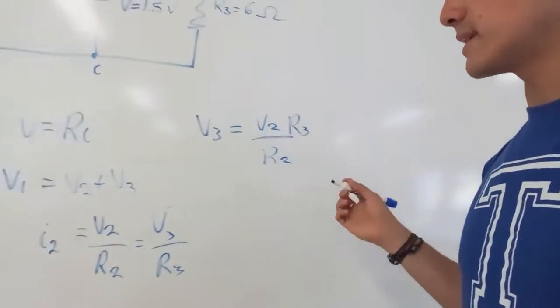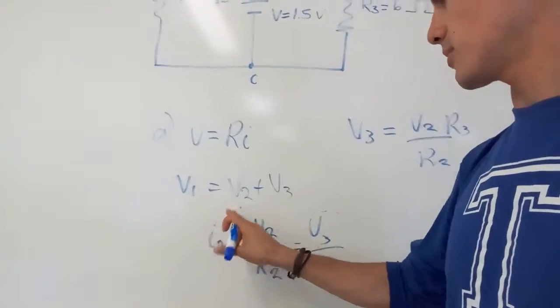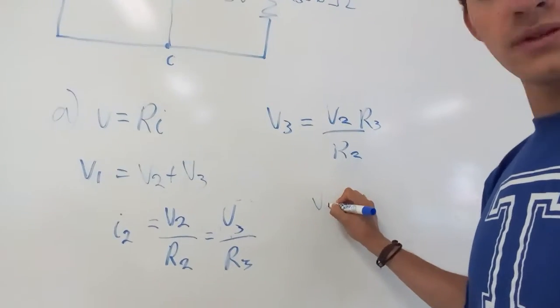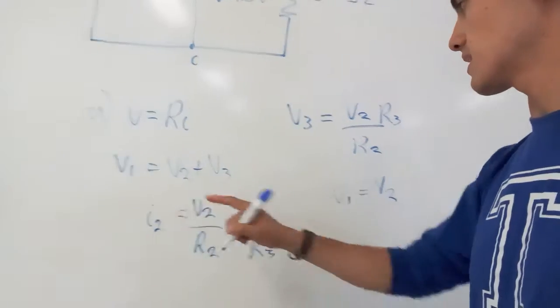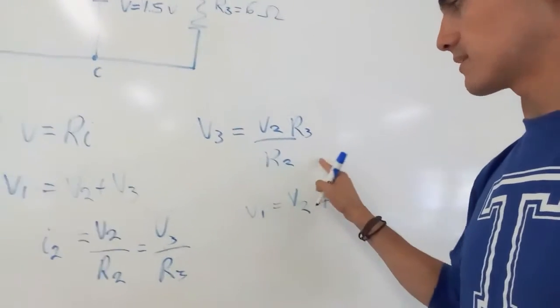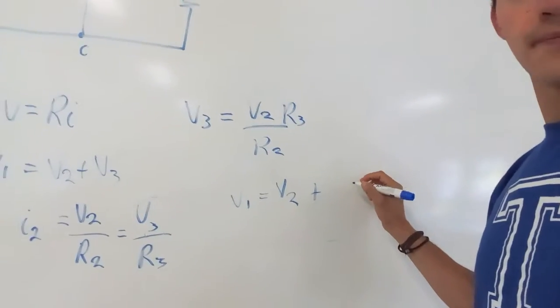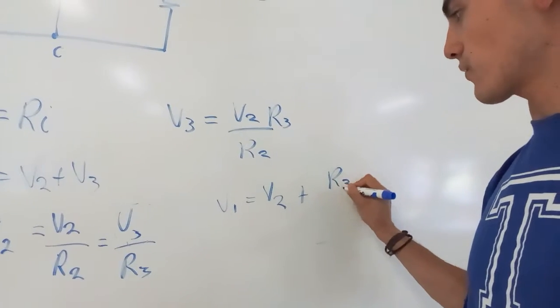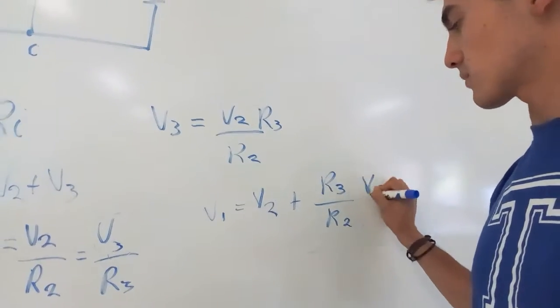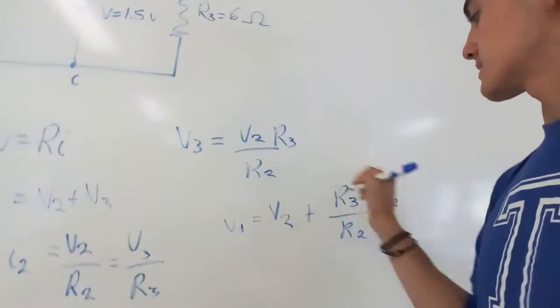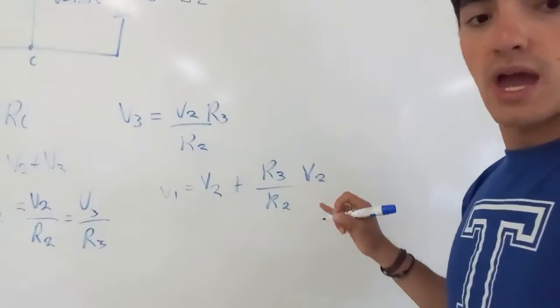Once we know this, we can go back to this part, that is that our voltage 1 is equal to the voltage 2, plus this part, that is our resistance 3 over our resistance 2 times our voltage 2. This part is exactly the same as this part.